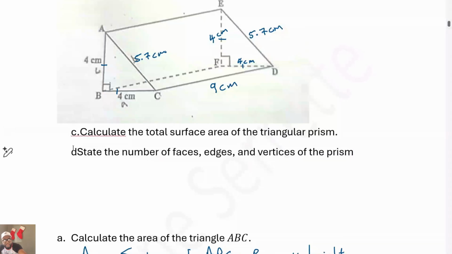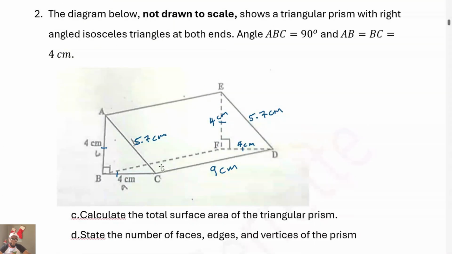This was C and this was D. All right, go. Calculate the total surface area, followed by telling me how many faces, edges, and vertices this prism has. Go. I'll give you another 3 minutes.